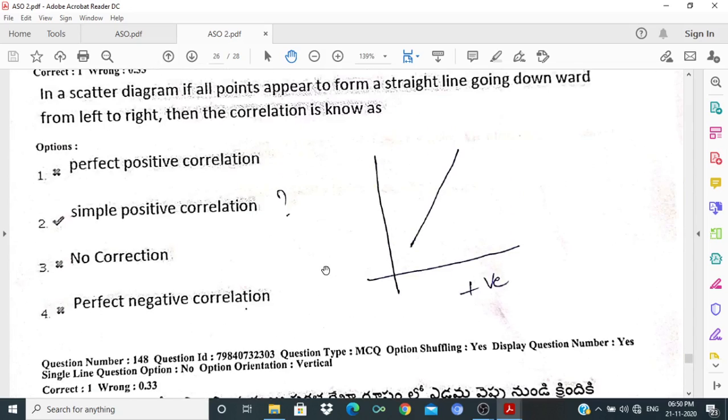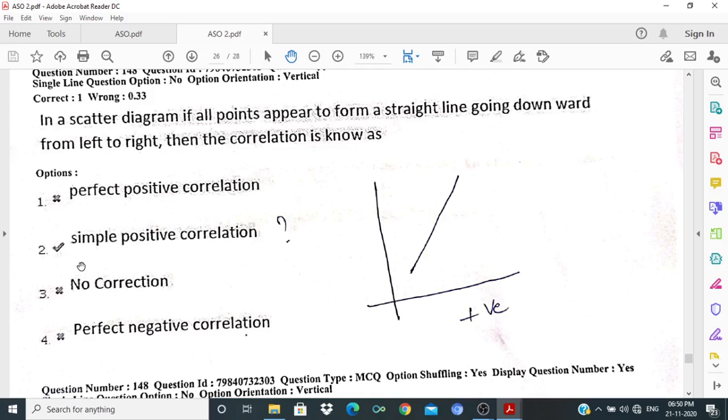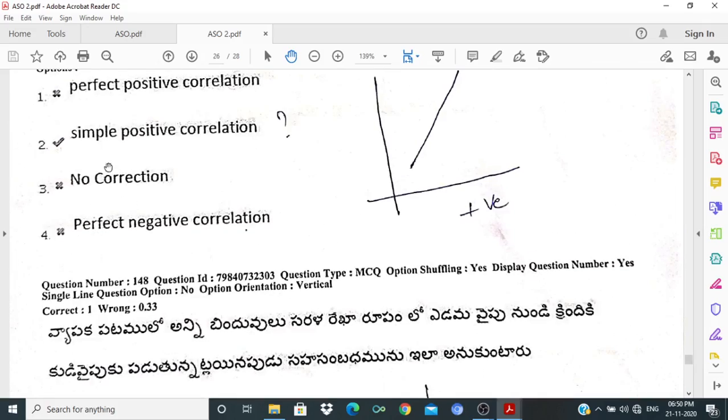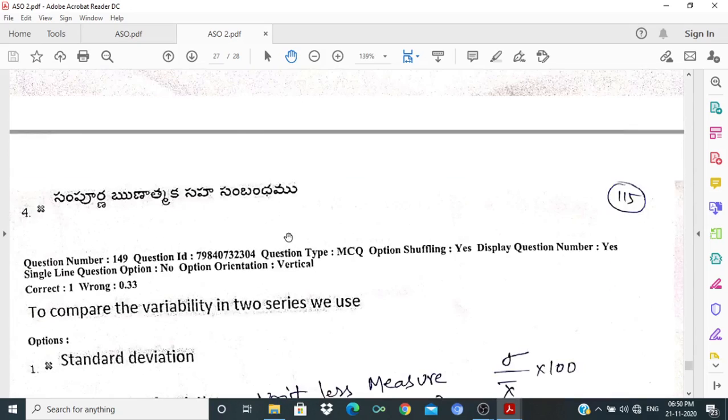They have given the answer as simple positive correlation. All points appear to form a straight line going downward from left to right. That is negative correlation. Why have they given positive correlation?